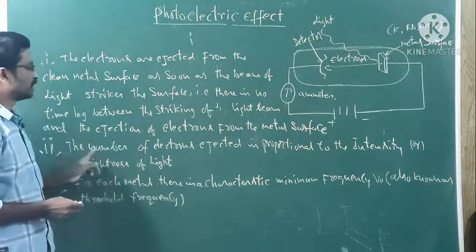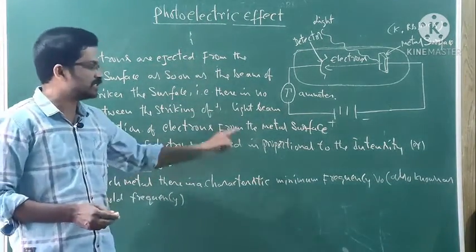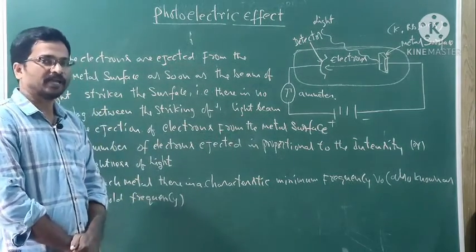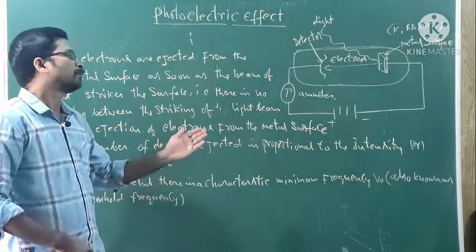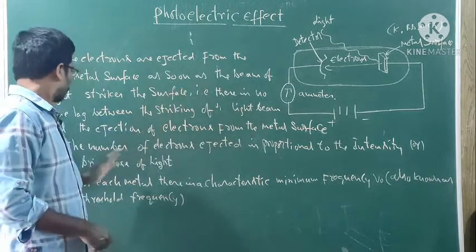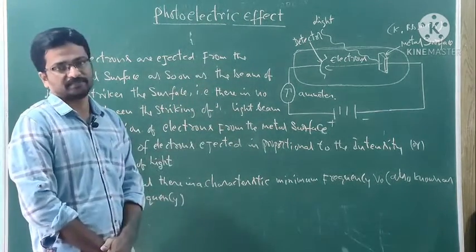Second point: the number of electrons ejected is proportional to the intensity or brightness of light.